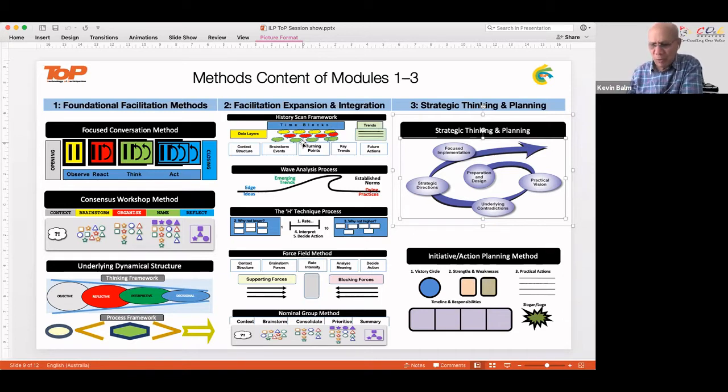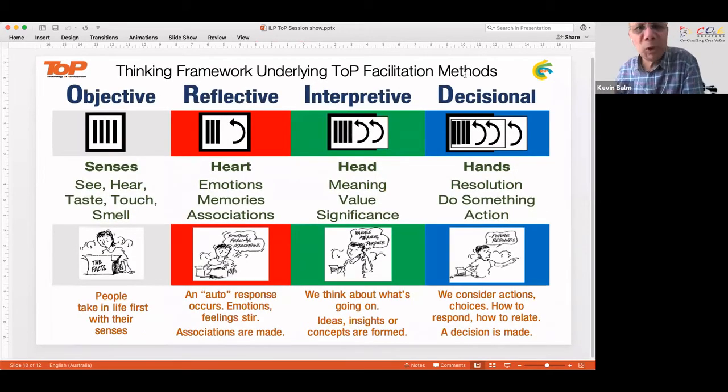What we want to do now is a deep dive into one of 3 meta frameworks that underlie ToP. We've talked particularly about the thinking framework that we want to share with you now. On this next slide, I'm going to talk you through the slide as it appears in its entirety rather than stepping you through it.